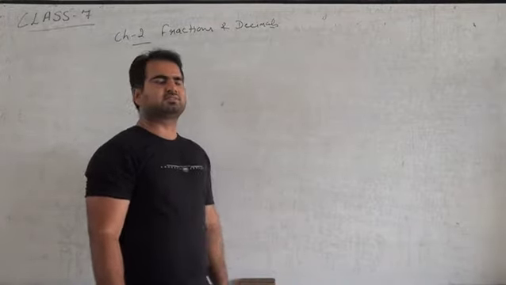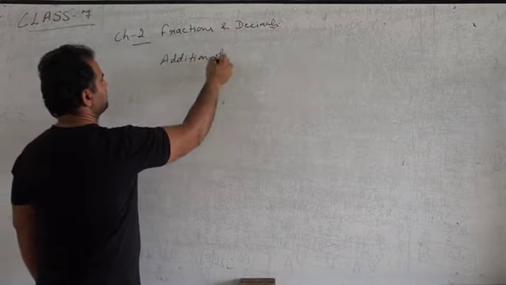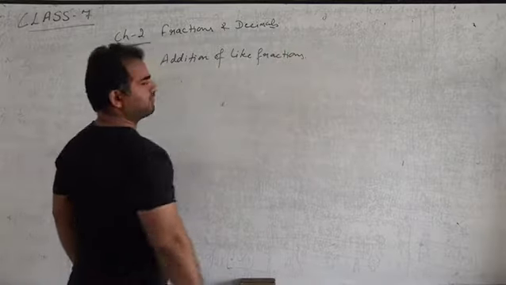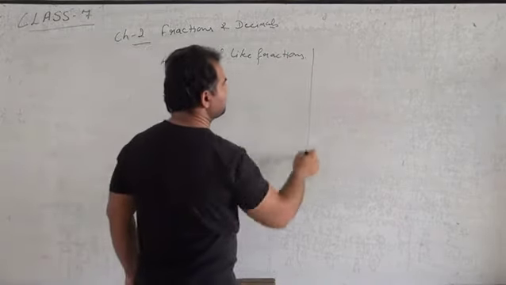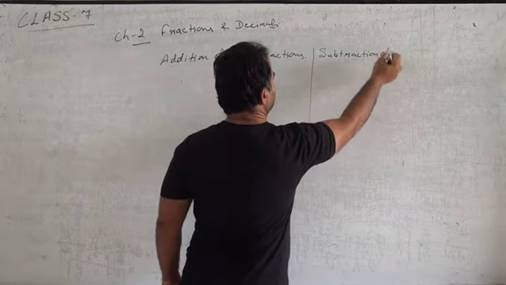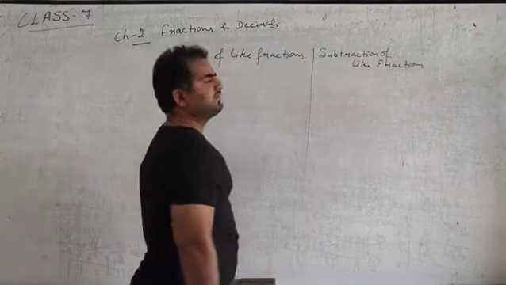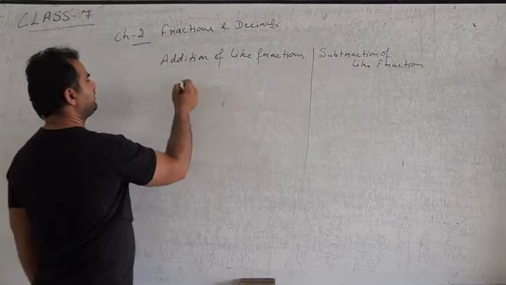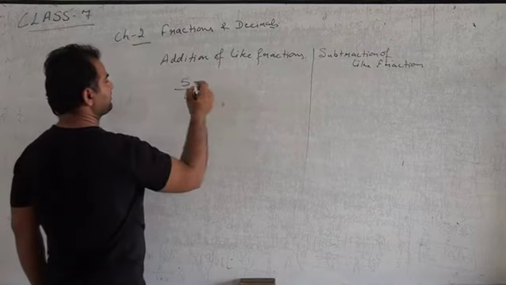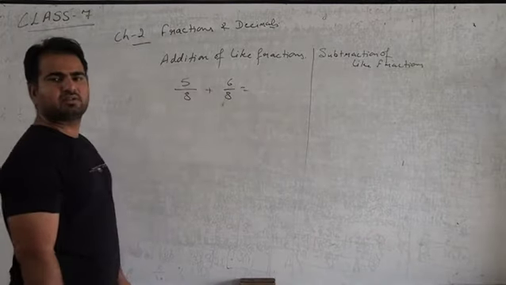When we have to add like fractions, let's say we have to add 5 upon 8 and 6 upon 8.